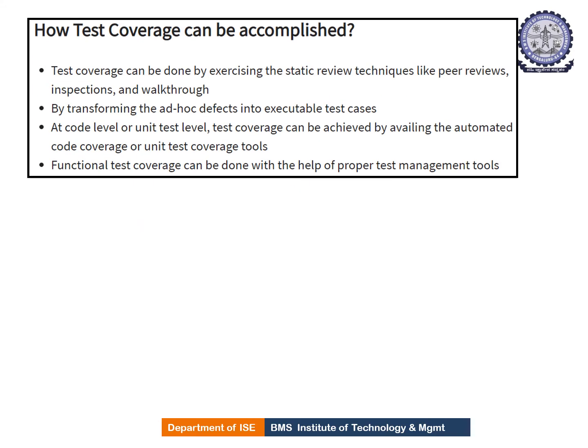With this background, let's see how test coverage can be accomplished. Test coverage can be done by exercising static review techniques like peer reviews, inspections, and walkthroughs, by transforming ad hoc defects into executable test cases at code level. At the unit test level, test coverage can be achieved by using automated code coverage or unit test coverage. Predominantly this is done by a developer.